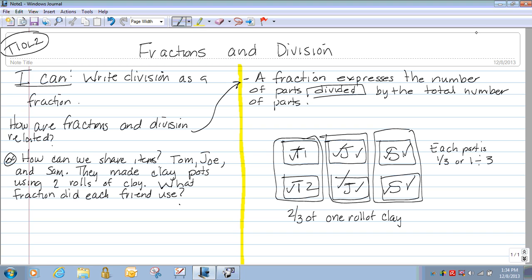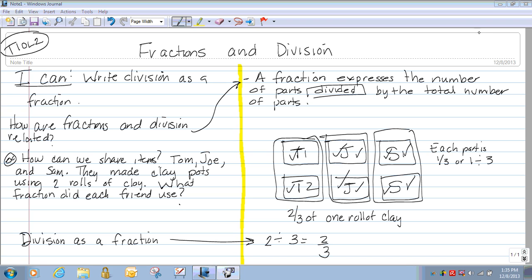Push pause. You can also write division as a fraction. So you would have 2 divided by 3 equals 2/3.